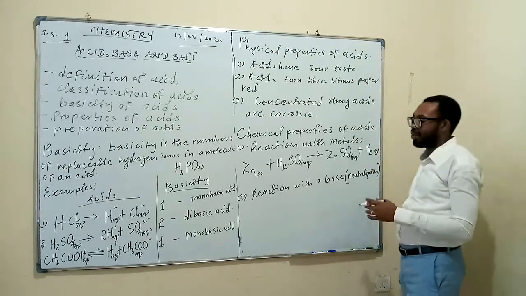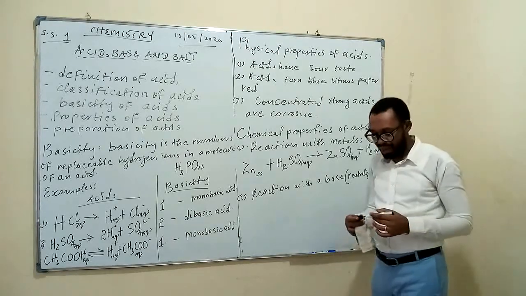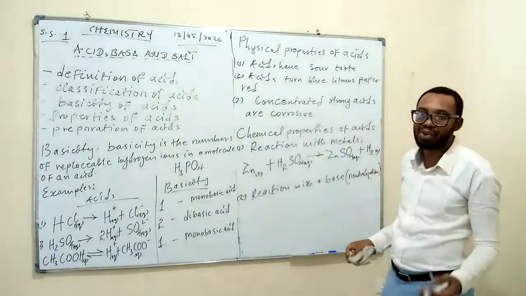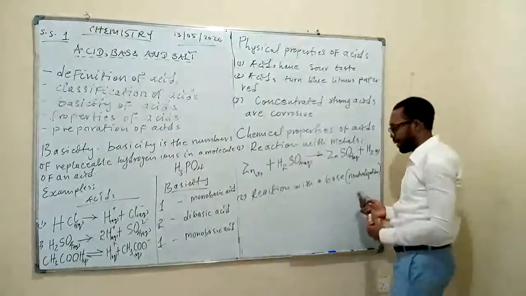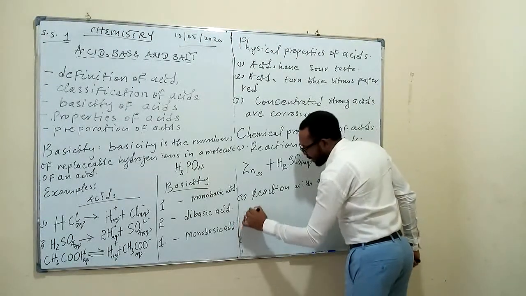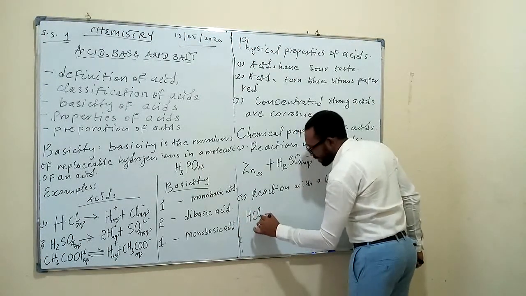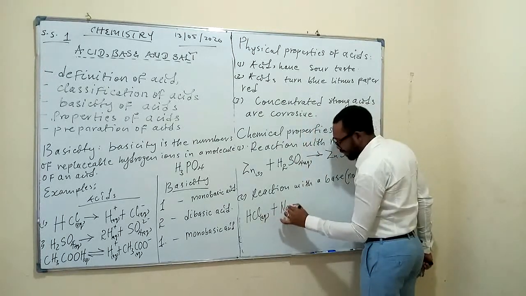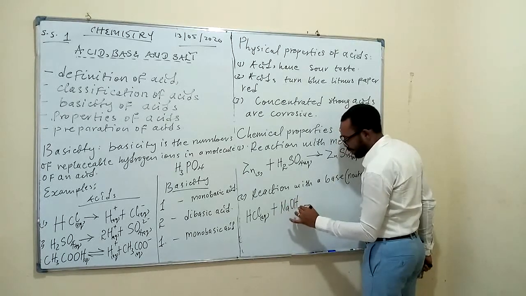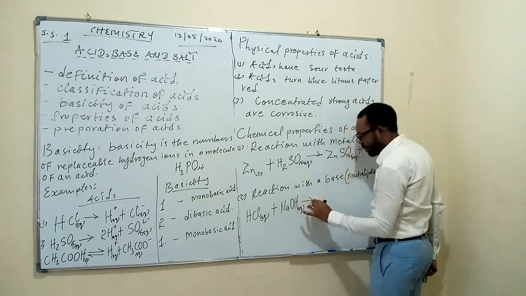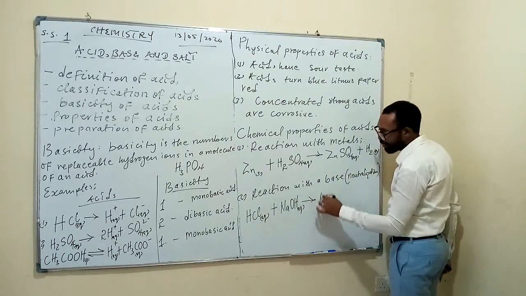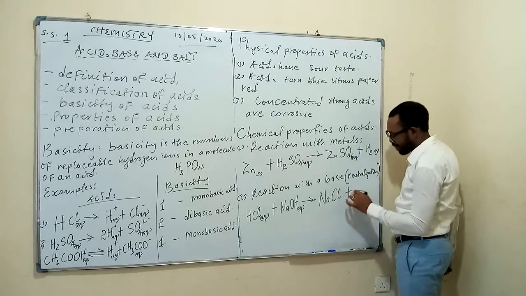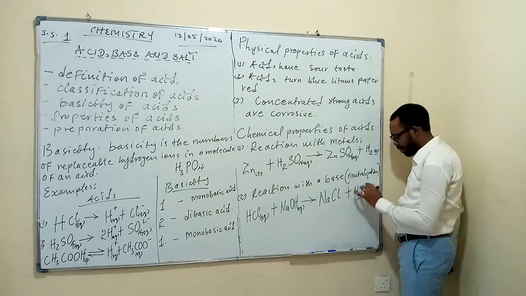Neutralization. So an acid reacts with a base to form salt and water only. And that is HCl, an acid in its aqueous state, plus NaOH, also in aqueous state, to produce NaCl plus H2O.